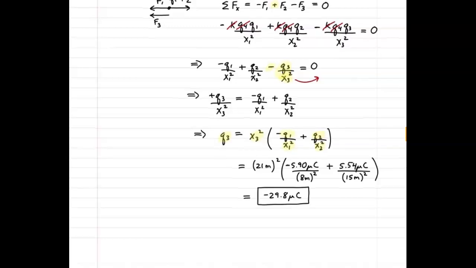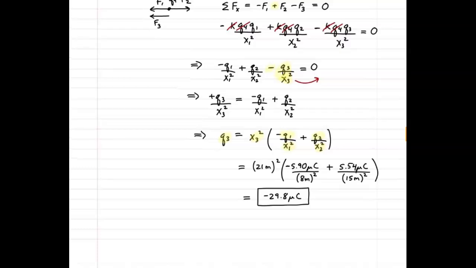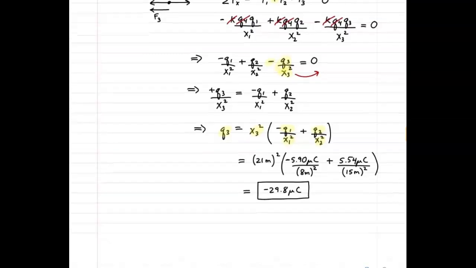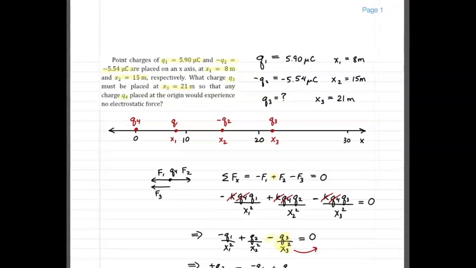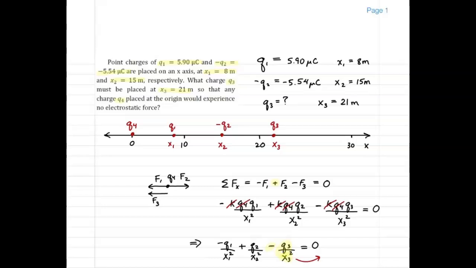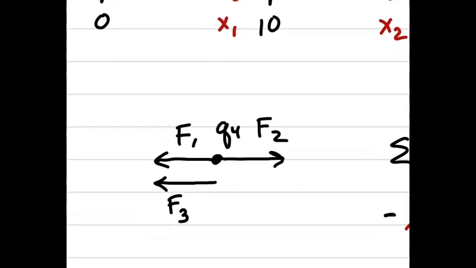So you notice that even though we assumed Q3 was positive and did all our math and physics, assuming it's positive, the final answer is negative. What this means is when we originally looked at the force on Q4, we said that the force for Q4 is to the left, but actually, since it's negative, it's going to the right. It's attracting Q4.